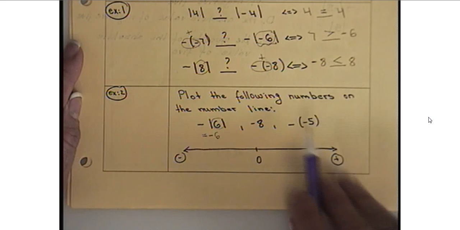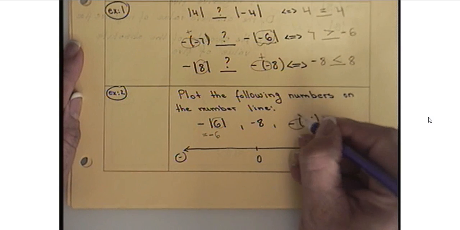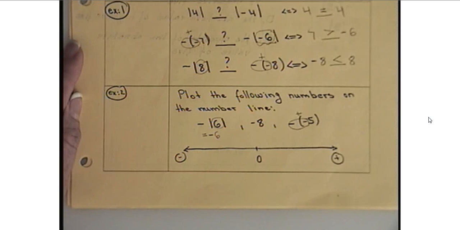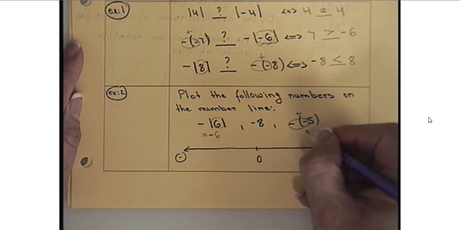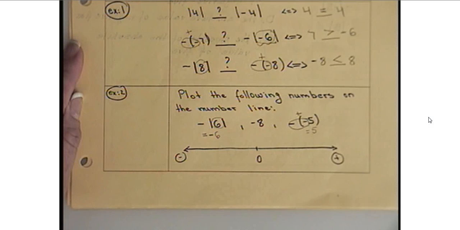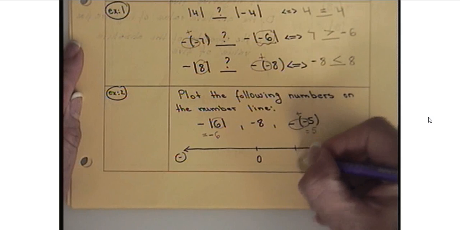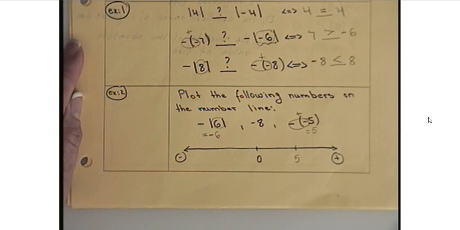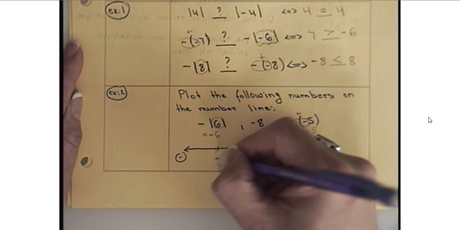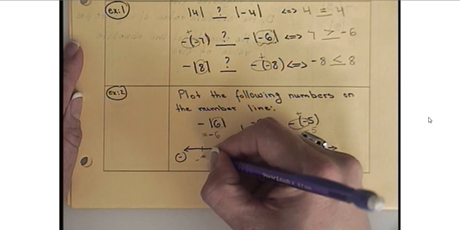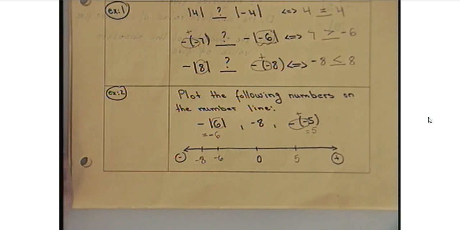And in this case the two negative signs combine, we get positive, and that will be equal to +5. So now I need to put in order -6, -8, and 5. I'm going to choose this location for +5, this one for -6, and this one for -8. With that, the example is completed.